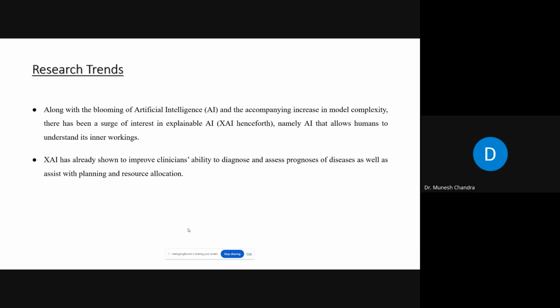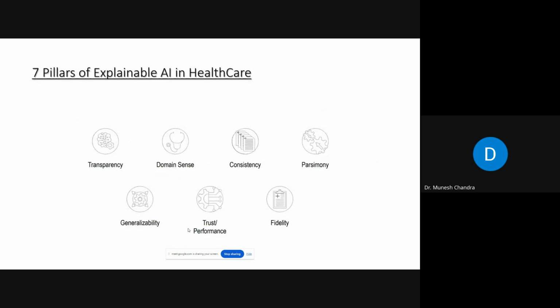As AI is blooming day by day, you have heard about explainable AI, that is XAI. With the help of XAI, we can improve the ability to diagnose any particular disease at a very early stage.